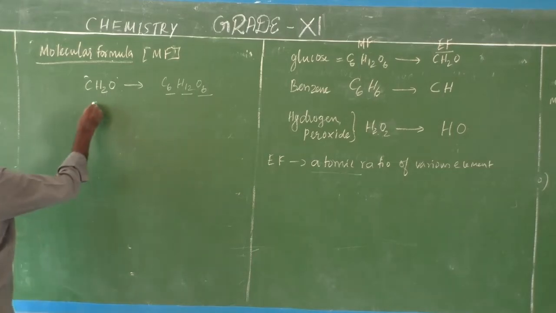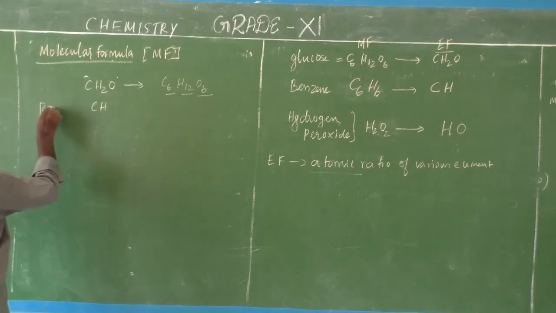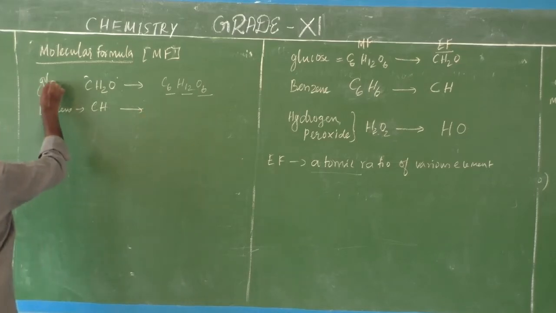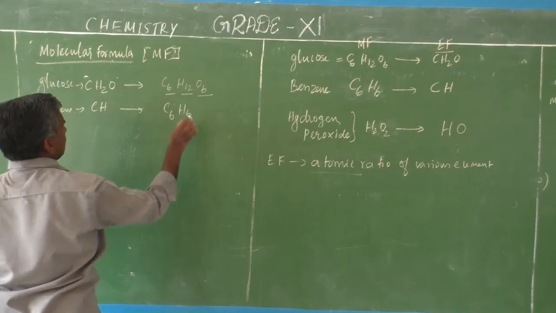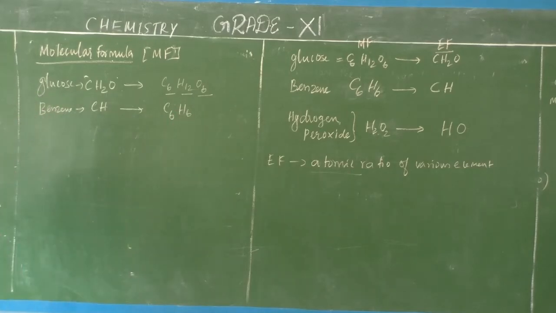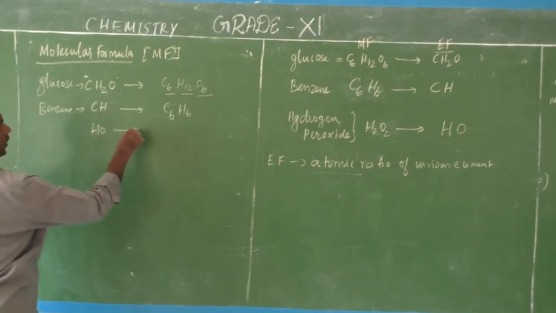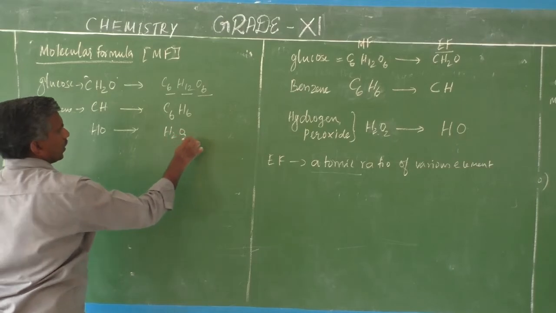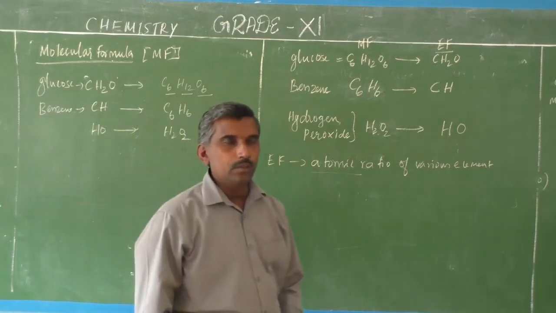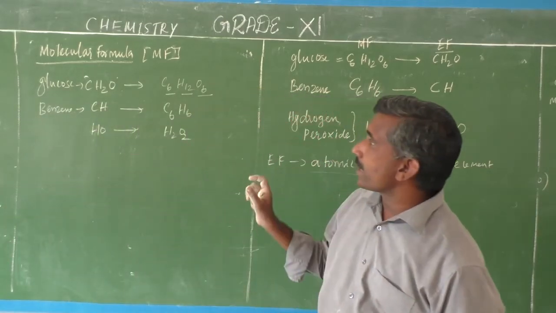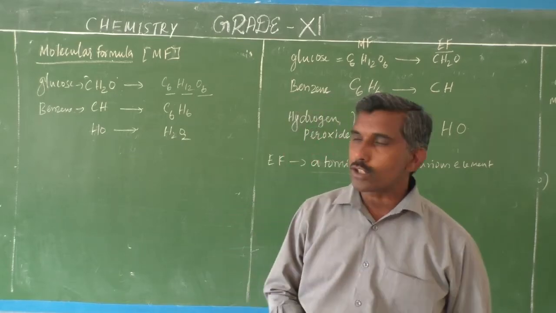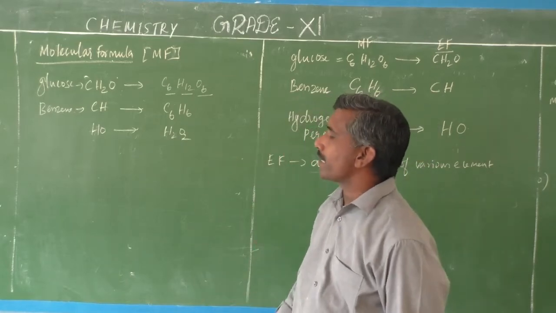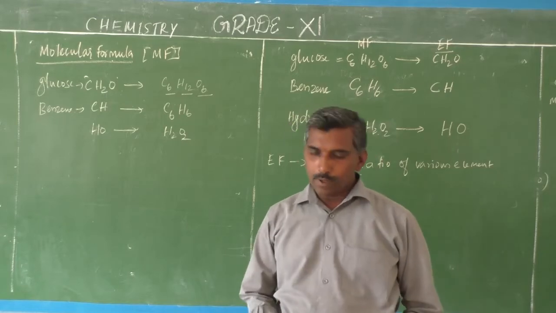And benzene has the molecular formula C6H6. Hydrogen peroxide has the empirical formula HO, and the exact formula is H2O2. The exact number of atoms present in the compound is known as the molecular formula.